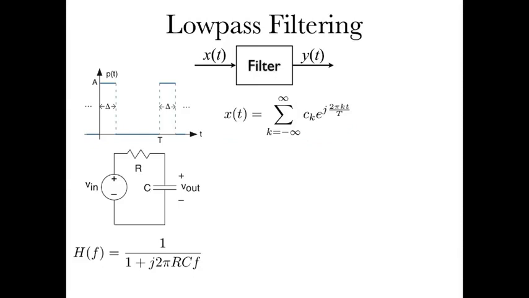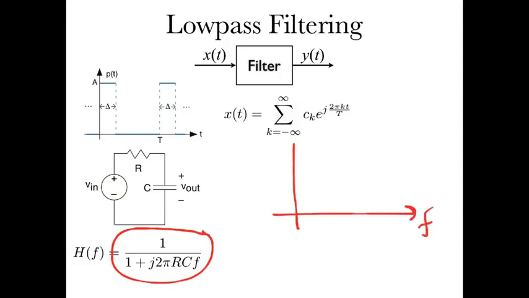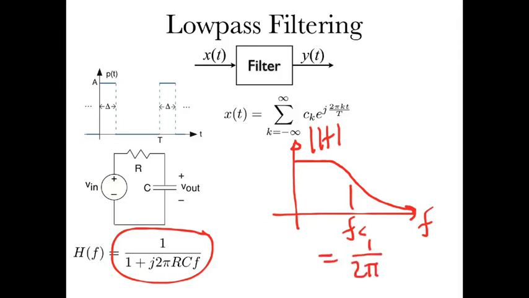If you recall, the transfer function is given by that expression. And if you were to plot the magnitude as a function of frequency, it rolls off. It has a cutoff frequency, which in this case is equal to 1 over 2 pi RC. We showed this in previous videos.